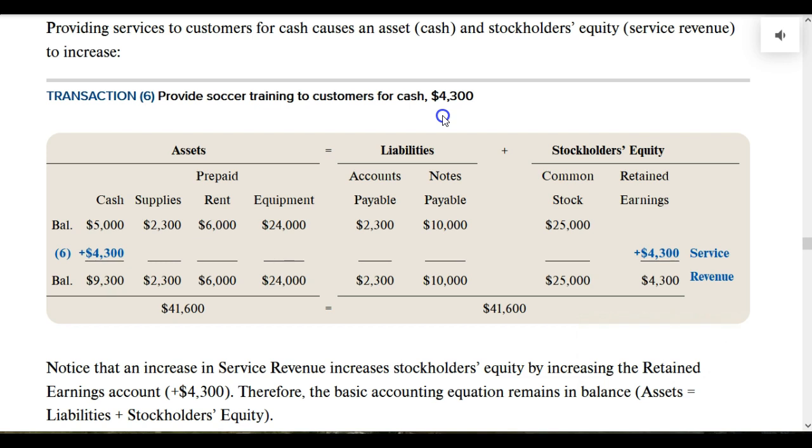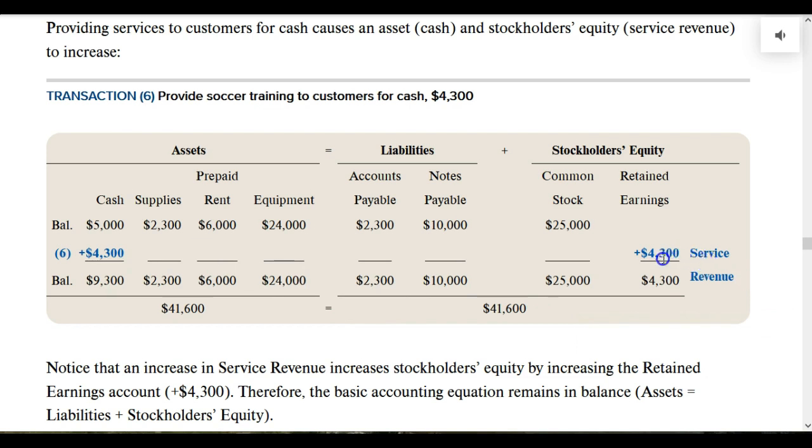So let's analyze this transaction. What has happened? We provided a service. We were paid cash. So we know what we do with cash: when cash comes in the door, you'll take $4,300 and increase the cash account. That's usually the easy part of this. Then you answer the question, why did this cash come in the door? That's because we earned some service revenue.